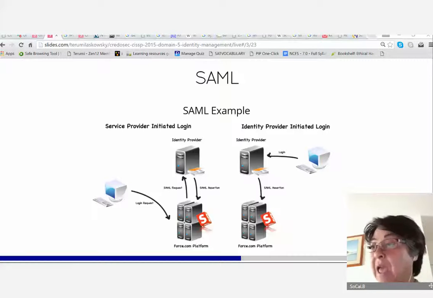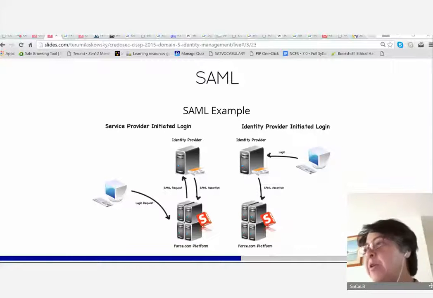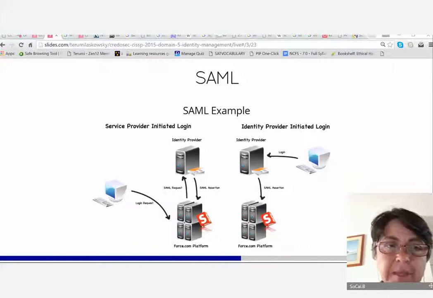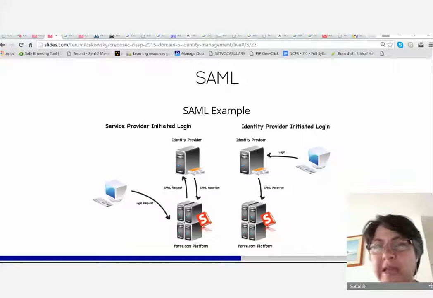So yeah, Christopher, that's a very good point. Misconfiguration can lead to all sorts of problems. Take a look at scenario B on the right, where the company A person logs into company A's Active Directory/ADFS, and the SAML assertion is sent to force.com.